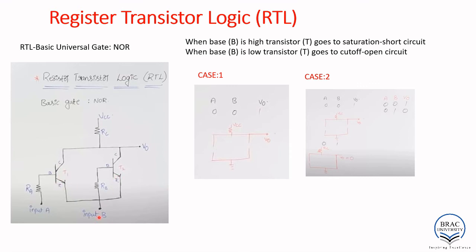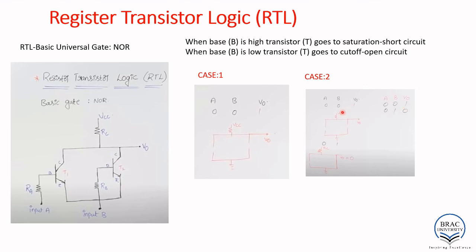Here again B is 0, so the base is low, and the transistor is in cut off mode, so this is open. So this one is open, this one is open, and V naught is connected to VCC. So we are getting V naught as high. So for 0 0 our output is high, 1. This is the illustration: this is open, this is open, so VCC is connected to V naught.